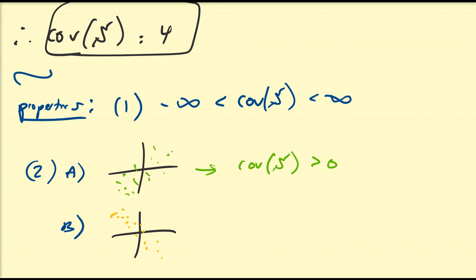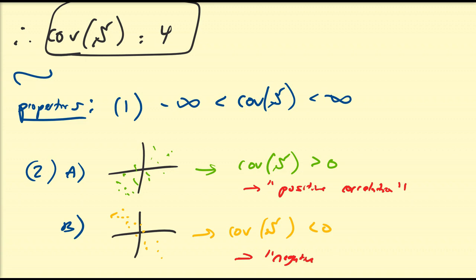And if the data set seems to be negatively correlated, typically the covariance of that data set is going to be negative. So positive covariance typically refers to positive correlation, and negative covariance typically refers to negatively correlated data.